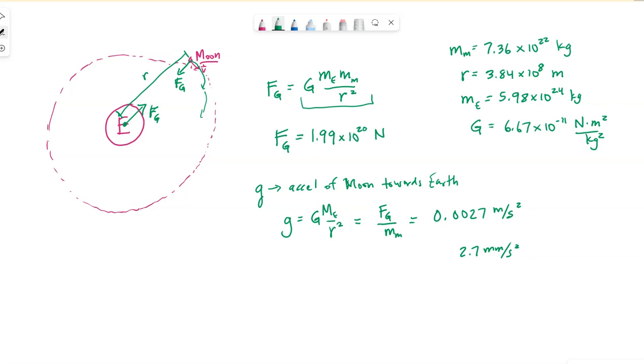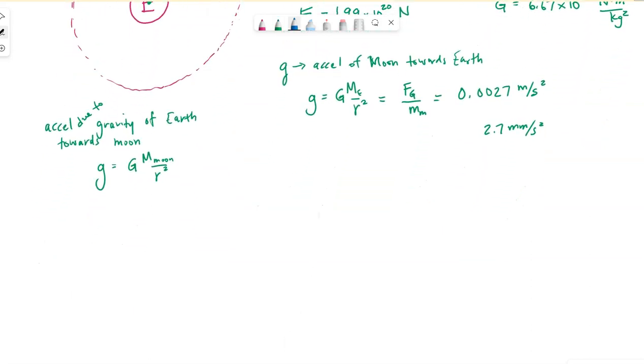The acceleration due to gravity of Earth towards the moon depends on the mass of the moon and the distance between them squared. Ultimately, though, it is this force of gravity that is causing the moon to move in a circle around the Earth.